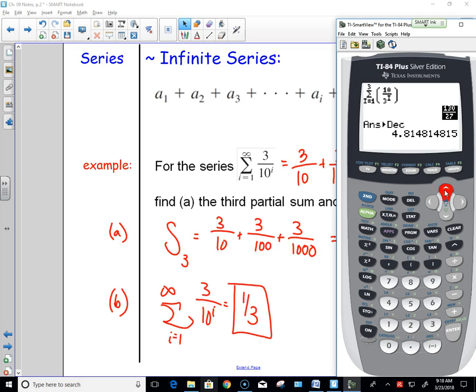So, question, if we can't plug in an infinity button, what is infinity? What's its value? There is no value. So infinity is not a number, it's more of an idea.